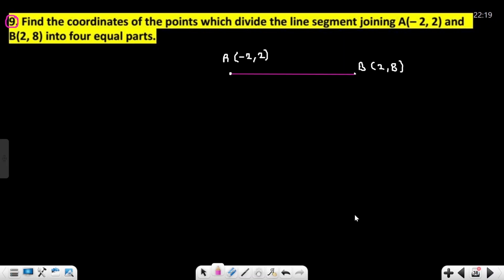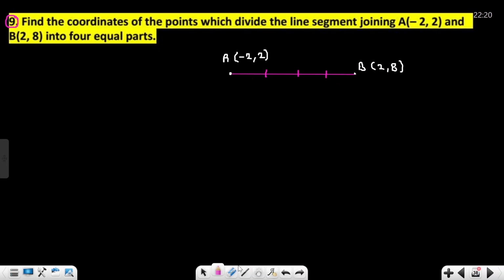Now, find the coordinates of the points which divide the line segment into 4 equal parts. If we divide this line into 4 equal parts, how many cuts do we have on this line? 1, 2 and 3. Now how many parts? 1, 2, 3 and 4.